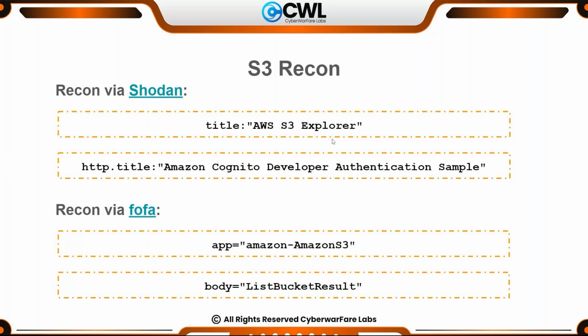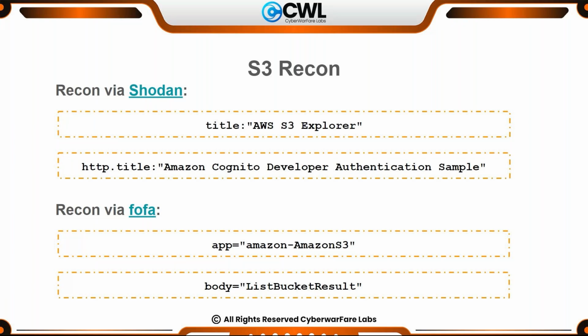This could be useful for reconnaissance or analysis purposes related to AWS S3 Explorer. Similarly, in the second Shodan query, we are searching for Amazon Cognito Developer Authentication Sample. This can significantly help in gathering information to progress further.